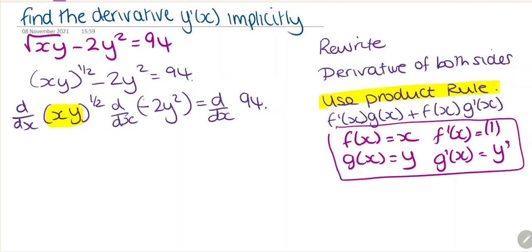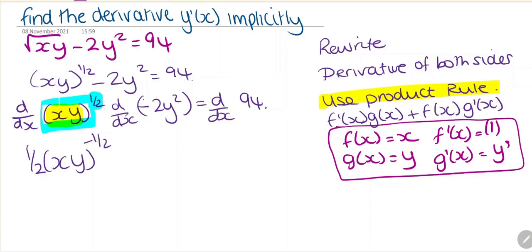Okay, so we need to substitute this into our equation. Now we're going to rewrite this as, if we use the chain rule, a half xy to the negative a half.